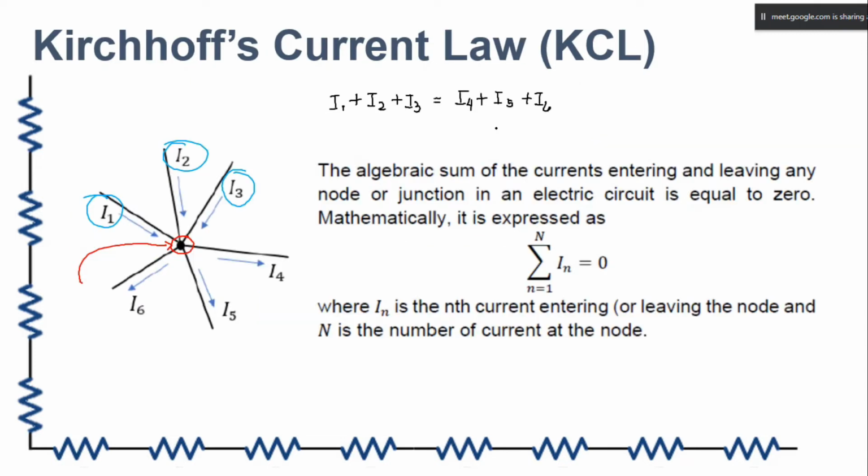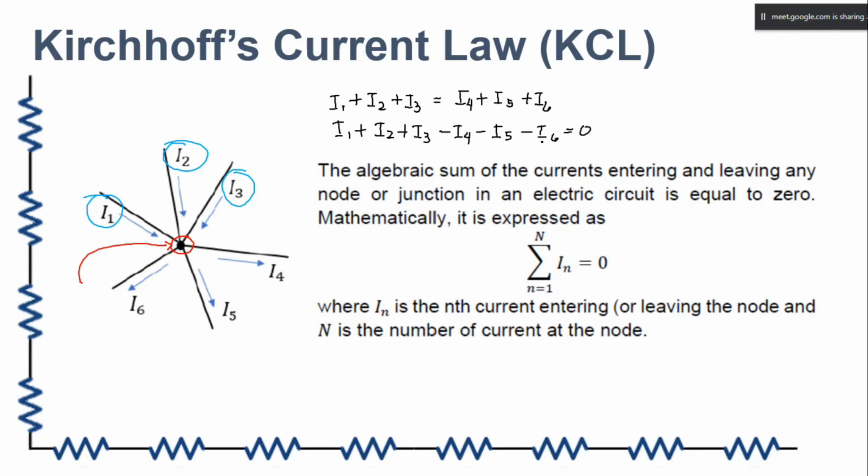If we want naman to equate this to 0, ang gagawin po natin, itatranspose na po natin yung mga terms na andun sa right-hand side of the equation to the left-hand side of the equation. And that becomes I sub 1 plus I sub 2 plus I sub 3 minus I sub 4 minus I sub 5 minus I sub 6 equals 0.